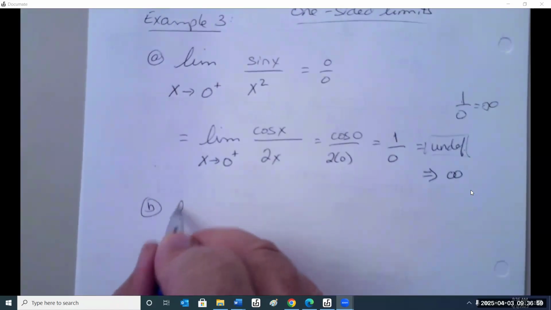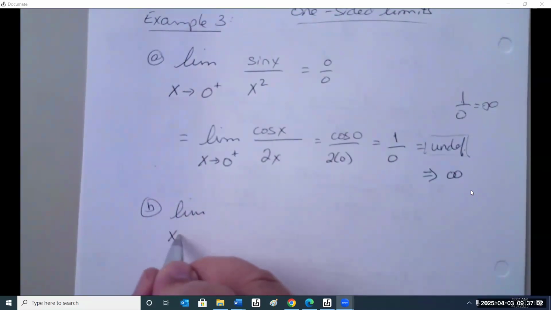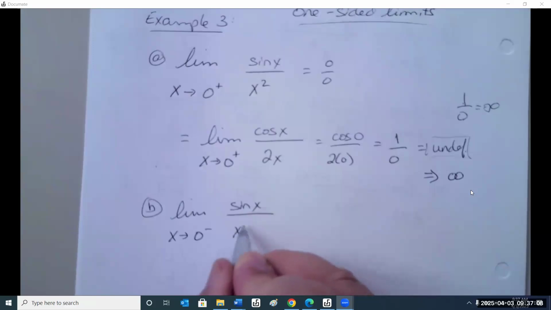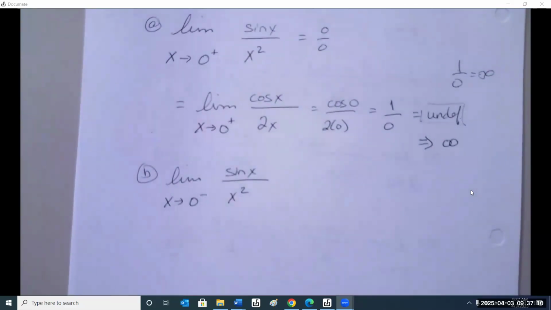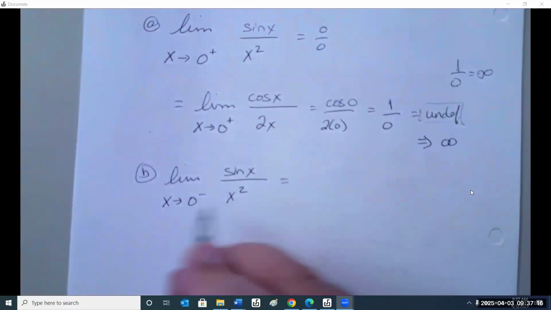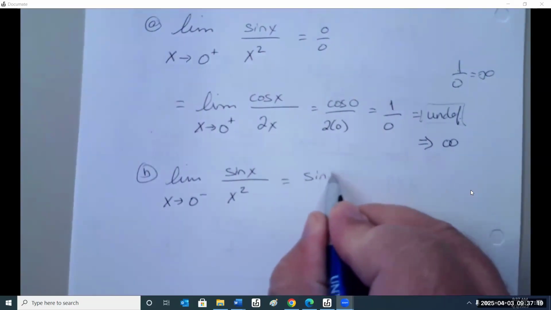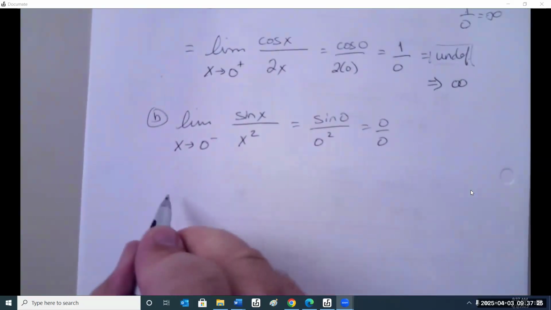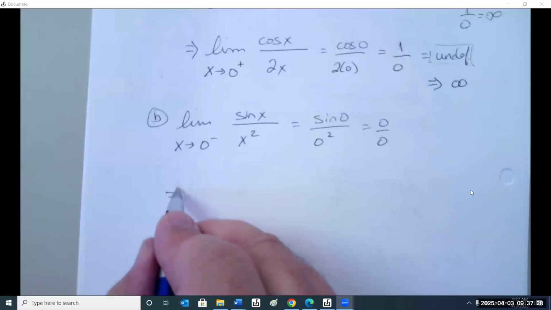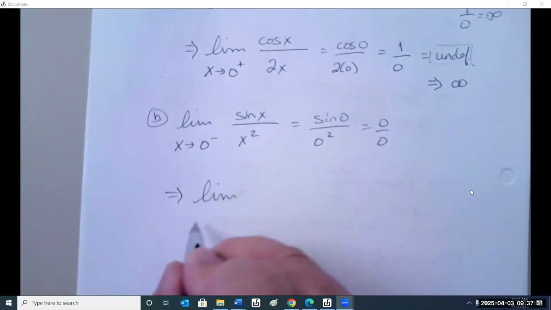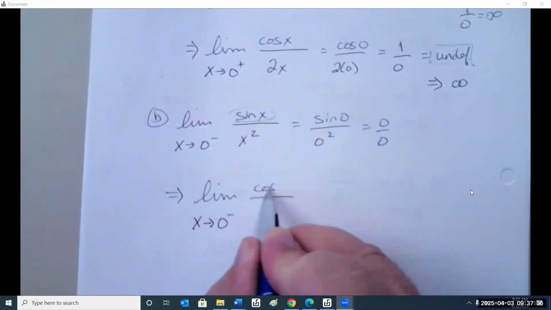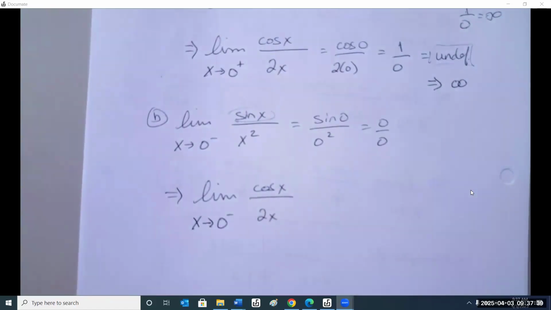Let's look at the same equation. This time we're going to go from the left side. So we plug in 0 inside there, I get sine of 0 over 0. This is where it gets interesting. The derivative of sine is cosine over 2x.